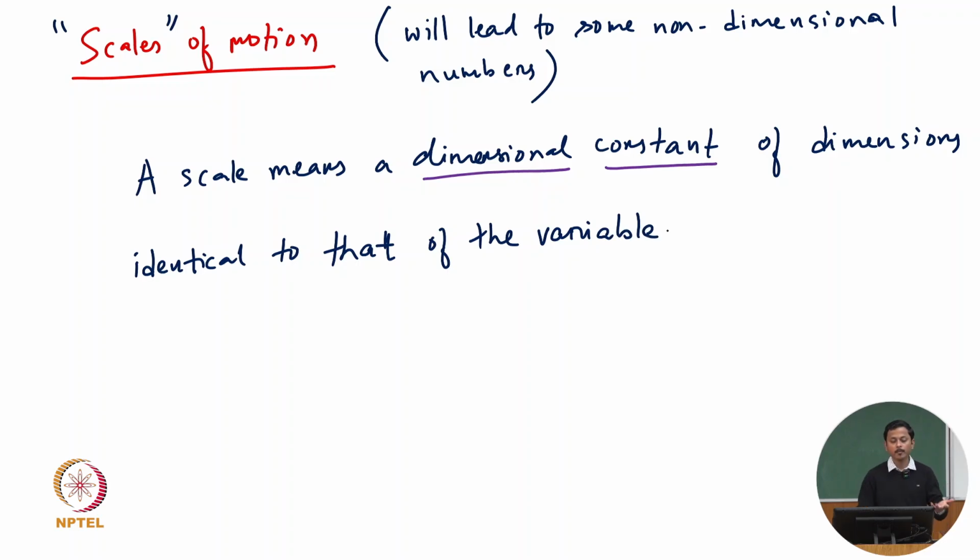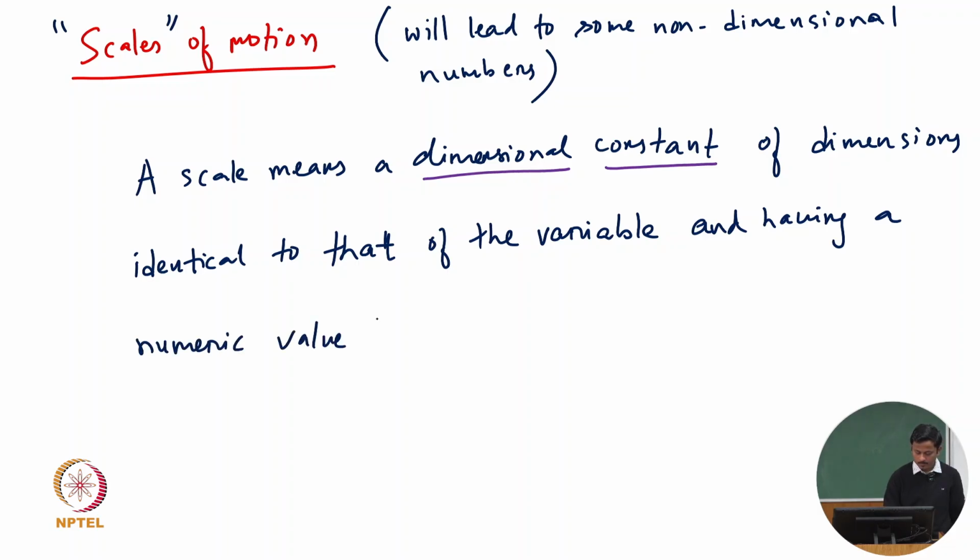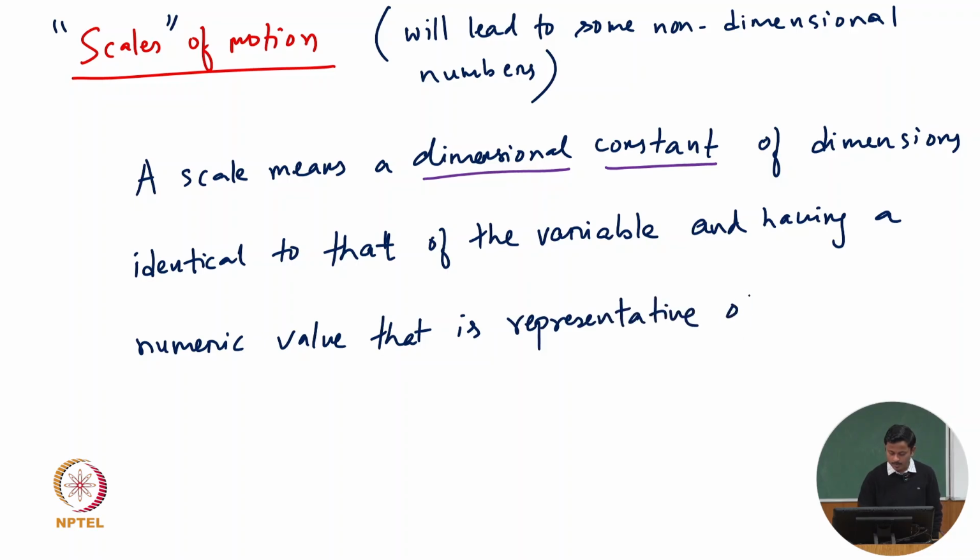We'll consider various variables when we consider motion. For example, we can define a velocity, we can define a time scale, or we can define a length scale. So those are the variables. A scale means a dimensional constant of dimensions identical to that variable and having a numeric value that is representative of that variable.